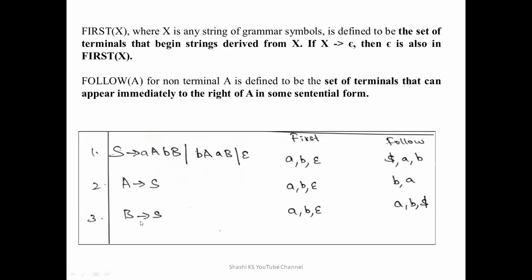Similarly, whatever is there in the follow of S will be there in the follow of B also. So the follow of B is also a, b and dollar. So that is the answer for our question.